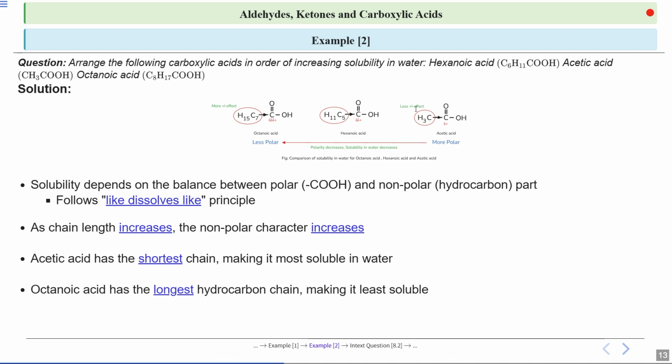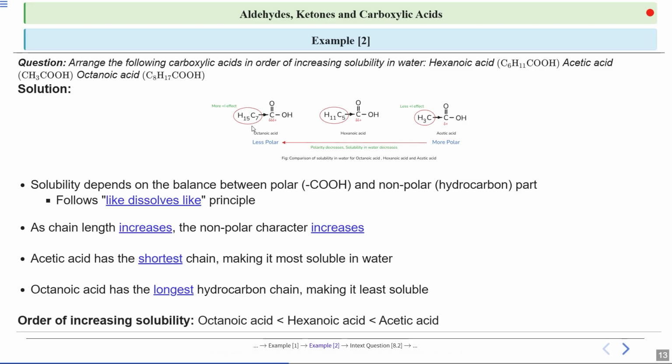On the other hand, octanoic acid has the longest hydrocarbon chain, which makes it least soluble in water. The extensive non-polar chain reduces the overall polarity of the molecule and limits its solubility. So finally, the order of increasing solubility is octanoic acid, then hexanoic acid, and then acetic acid. Acetic acid is most soluble.